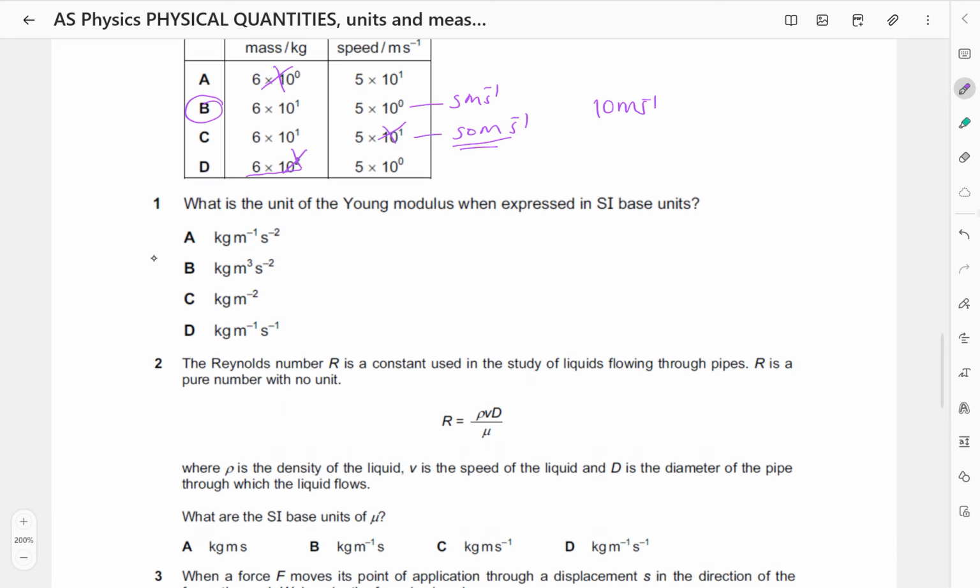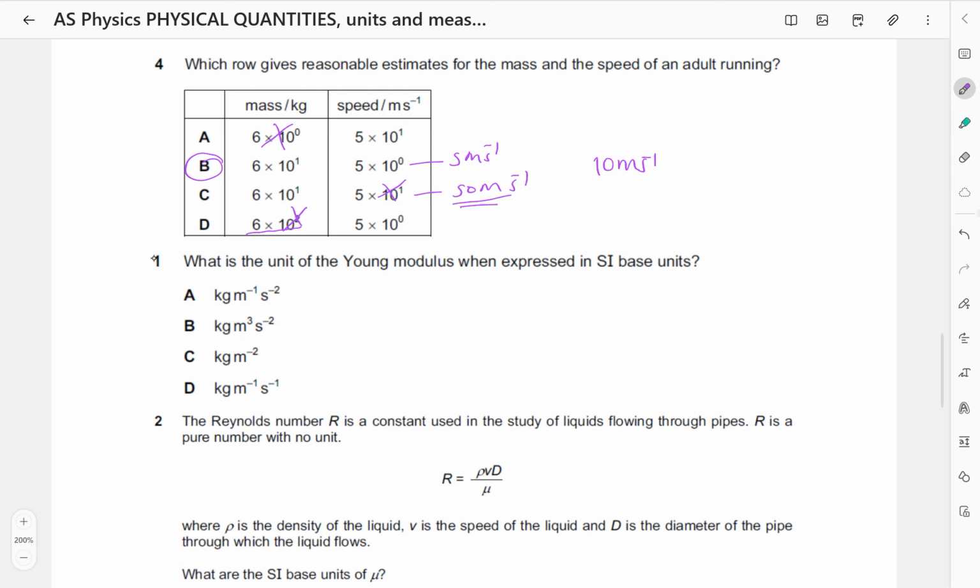What is the unit of the Young modulus when expressed in SI base units? Young modulus is stress divided by strain. Stress is force over area, strain is extension over original length. When I divide, I get the reciprocal, so original length over extension, which has no unit.